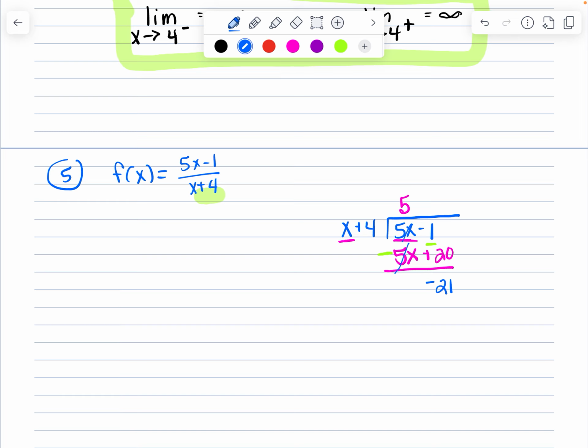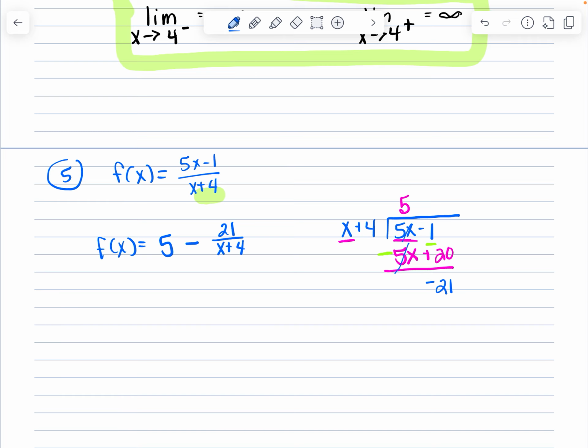So how do we write this properly with a remainder? Remember, it is 5 over, oops, not 5 over. My brain's getting ahead of itself. f of x equals 5, because it goes into it 5 times, and then minus 21 over x plus 4.